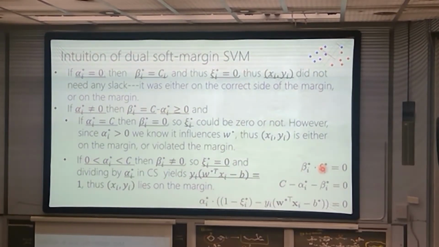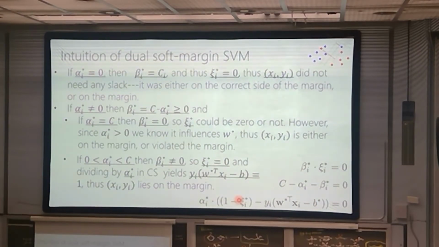And because alpha is not equal to 0, I can take this third constraint here and divide out alpha, and I get that just this part has to be equal to 0, which means this thing is exactly true, and moreover, epsilon is equal to 0, so this means it lies exactly on the margin.